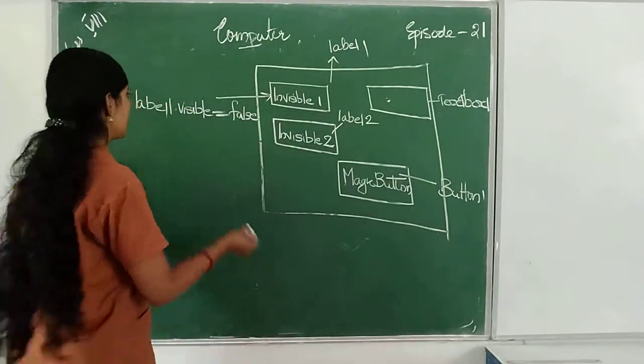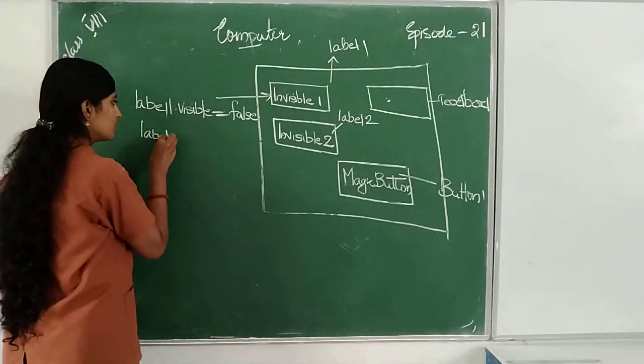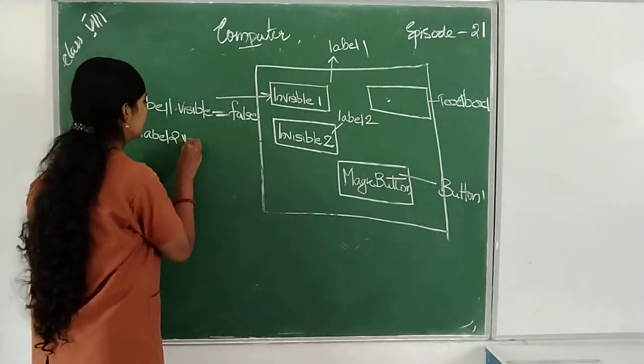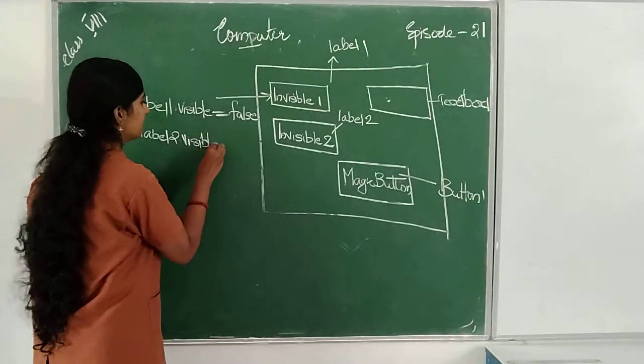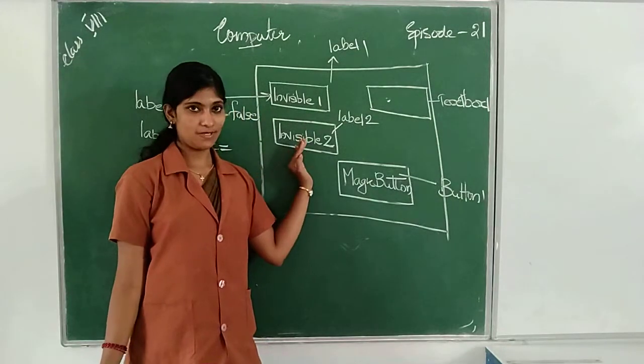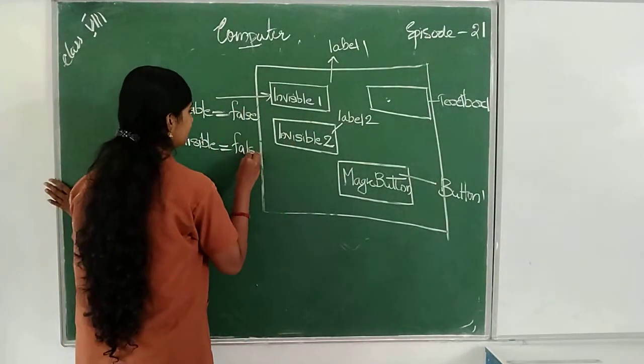In the same way, what is the code for the second label? Label 2, then the property is Visible, and we have to make this label invisible, so we need False.